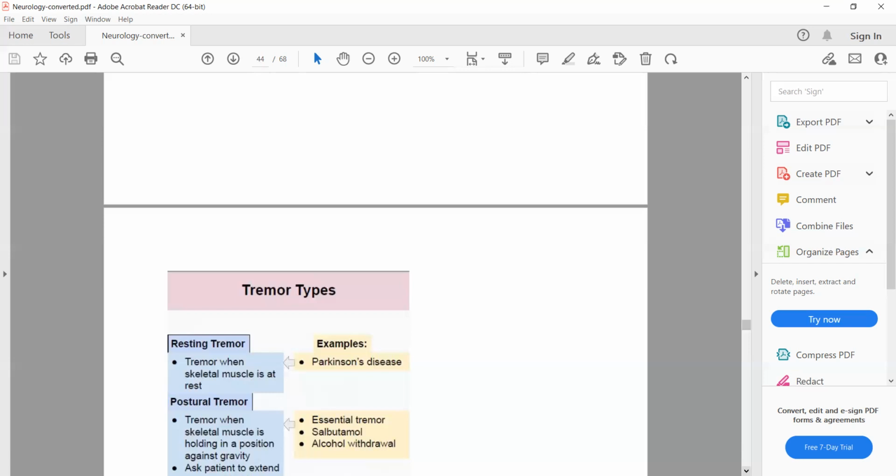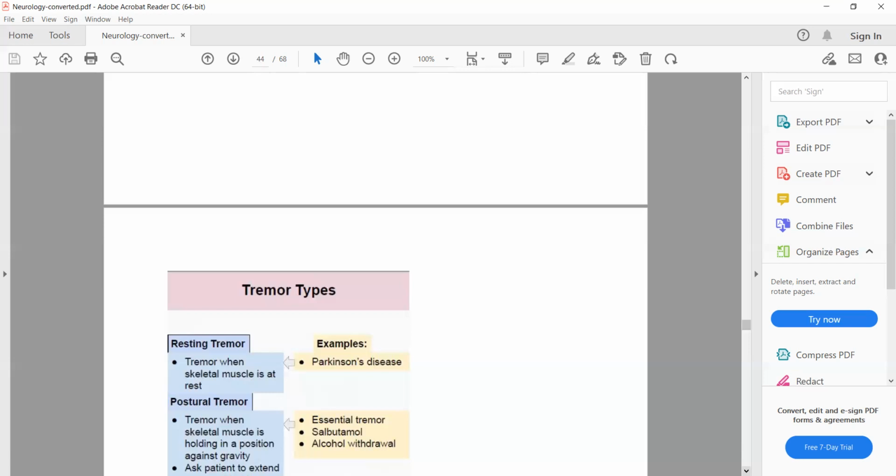So it's giving me a little bit of confusion. In simple words, you can say that there is an overlap between postural tremor and action tremor. Postural tremors are action tremors as well because they are evident in performing certain actions as well as in a specific posture.